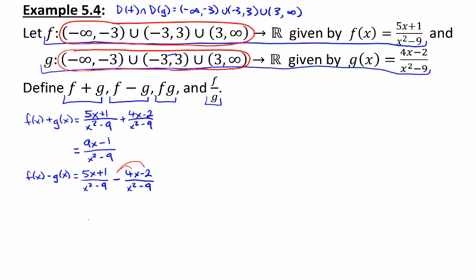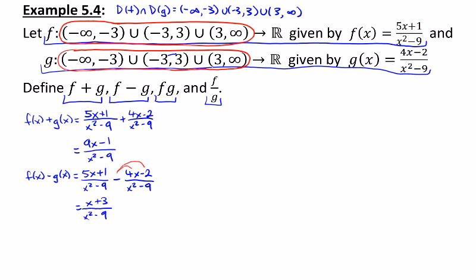So when you start combining like terms, be careful with that. So it's going to be 5x minus 4x gives us x, and then 1 minus negative 2 to give us plus 3, all divided by x squared minus 9.